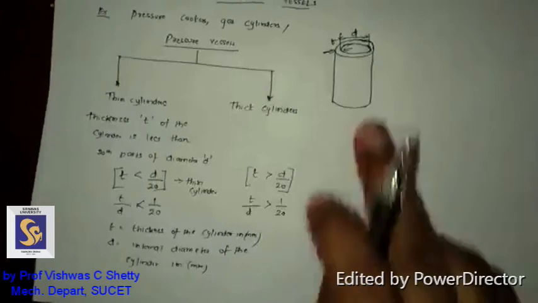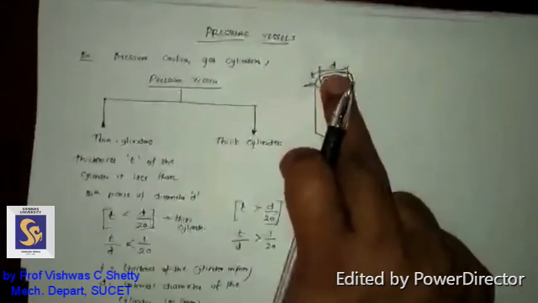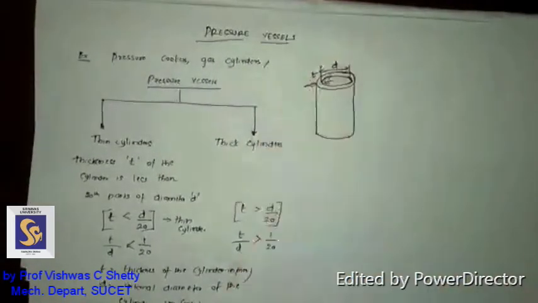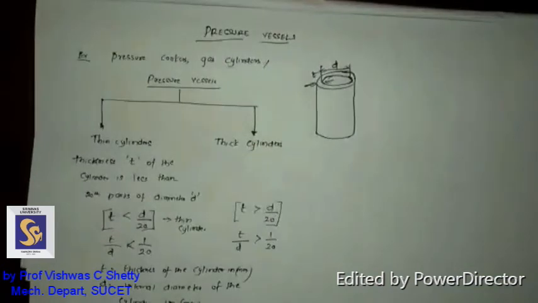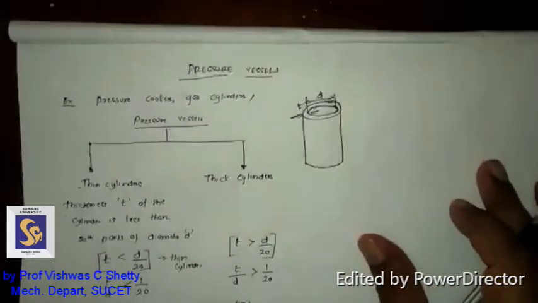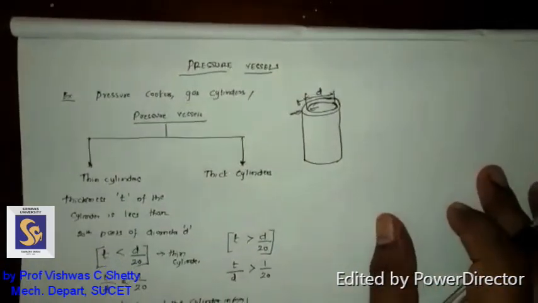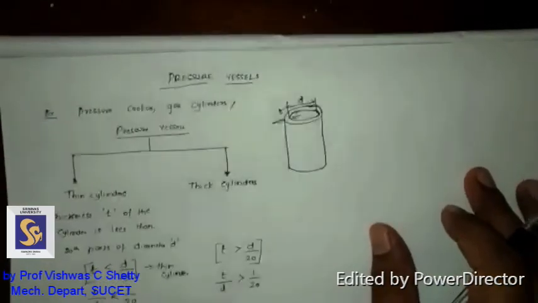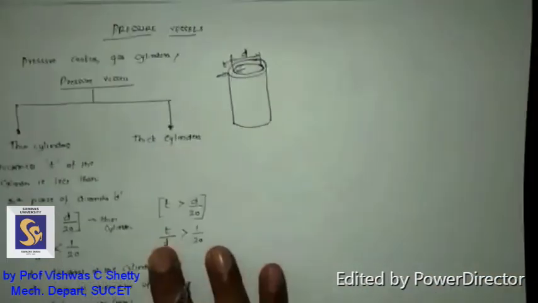So inner diameter is D and thickness is T. T should be less than D upon 20, or T upon D should be less than 1 by 20. Thickness is comparatively very small when you compare the thickness to diameter ratio. If it is greater than that, then it becomes a thick cylinder.